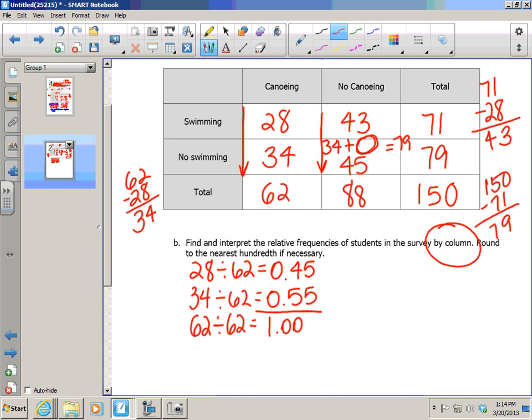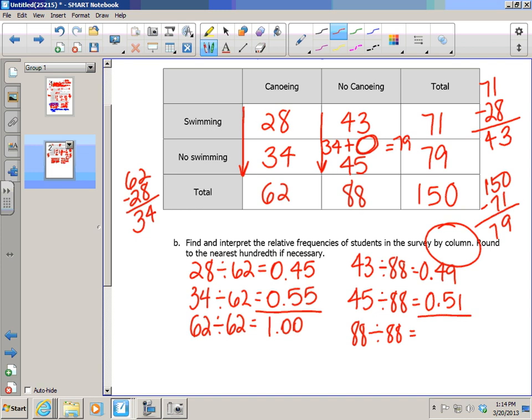The second column of no canoeing, we have 43 divided by 88, and we get 0.49, and we have 45 divided by 88, which gives us 0.51. 88 divided by 88 will give us 1 whole, and so will our answers added together.